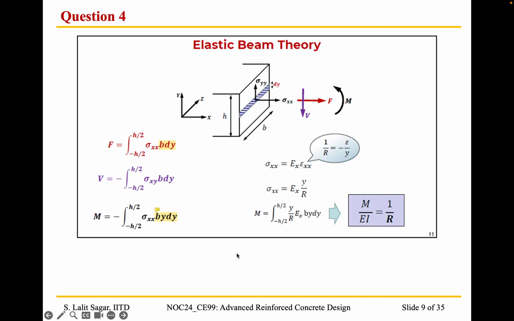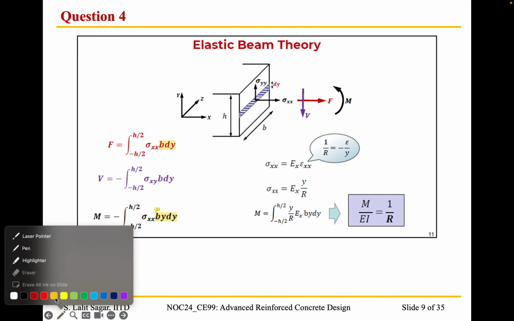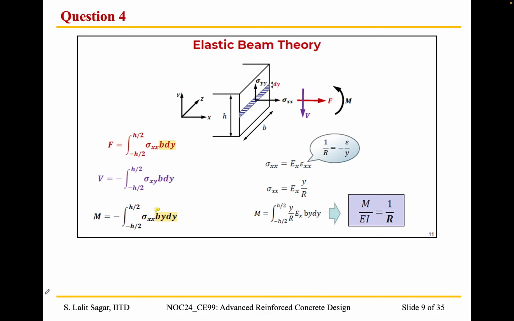And as you might know, we also have the flexural equation. I am sure you might have studied that in your strength of materials, that is M by I is equal to sigma by y, that is equal to E by R. Okay, so as you can see, we can ignore this for the time being.